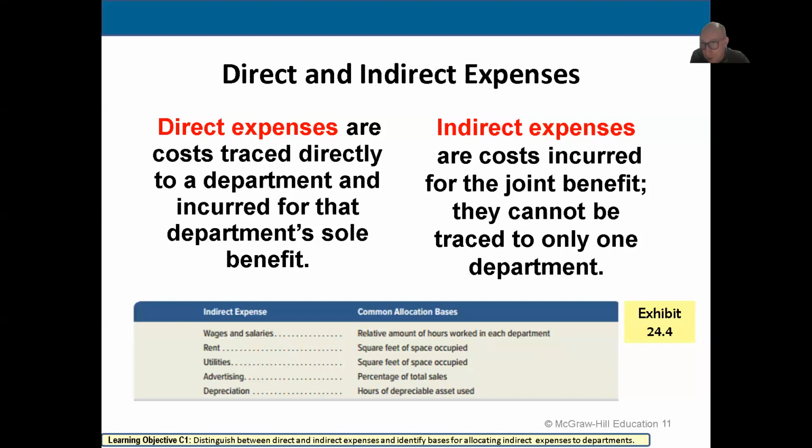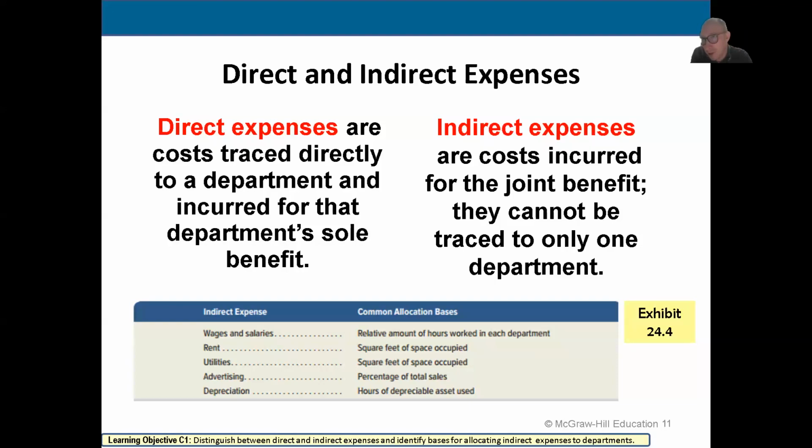Rent is another example of an indirect expense. The rent for the entire store can't all go to the jewelry department. That wouldn't be fair. So we allocate rent. We take the total dollar amount of the rent, divide it by the total square footage, and multiply that by the square footage of the department. That's how we allocate rent to the department, indirectly. Utilities, electric.